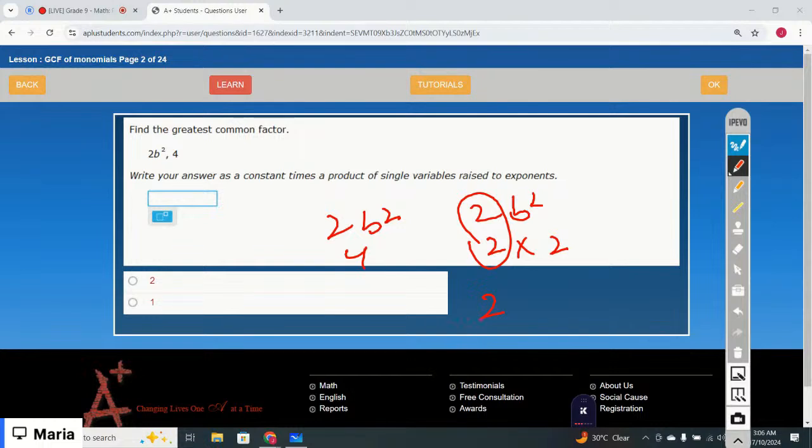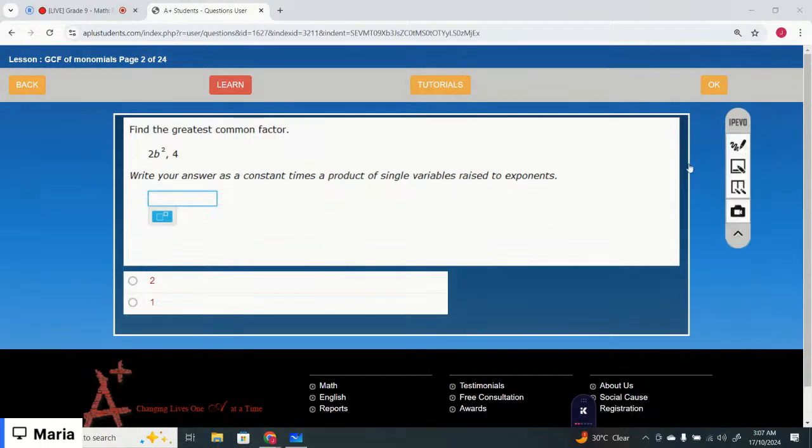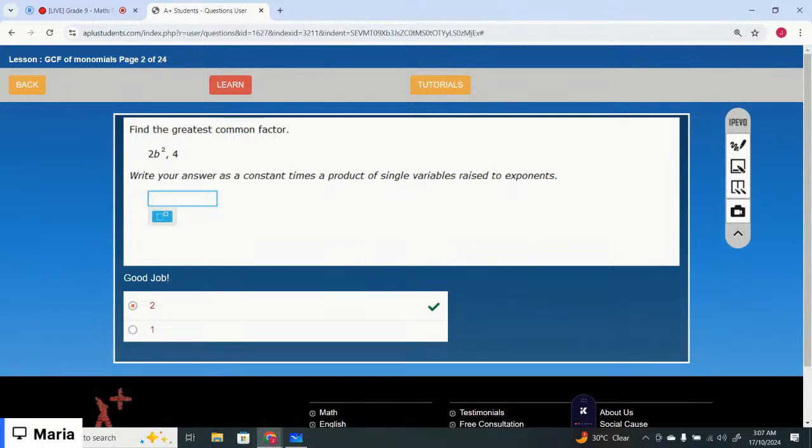The correct option is 2. So the correct option is option number 1, that is 2. Let's just move on to the next example.